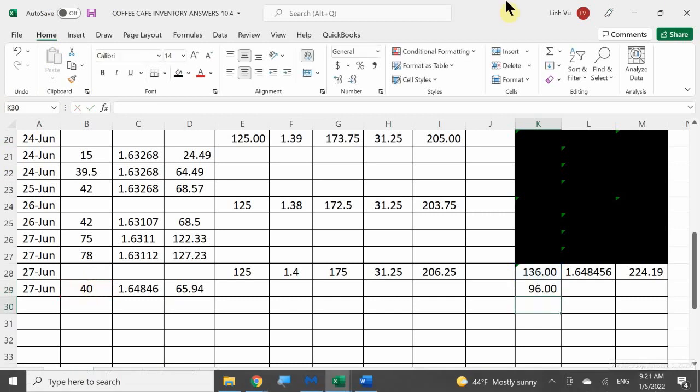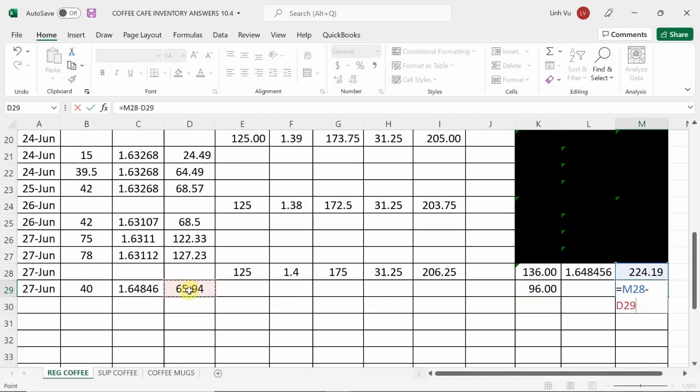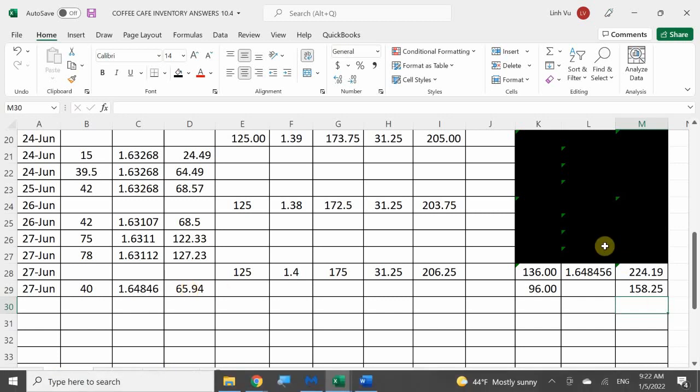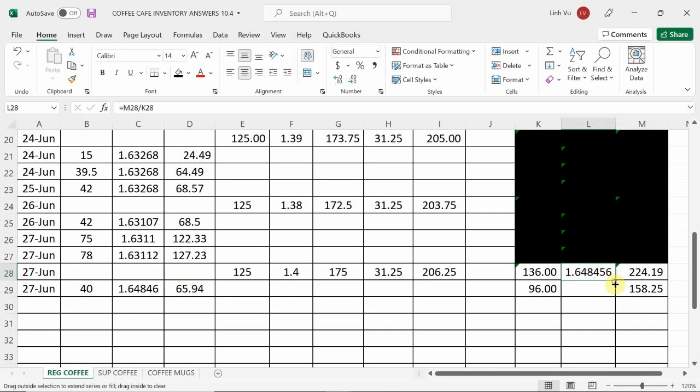So you should be left with 96 pounds at a total cost of $158.25 left. Which my average cost per item should roughly be about the same. It only changed by 10,000th of a penny.